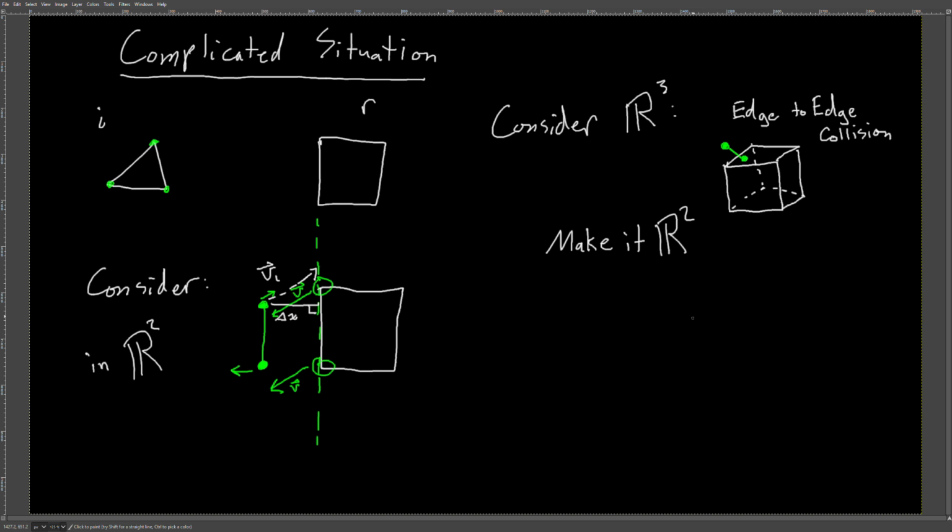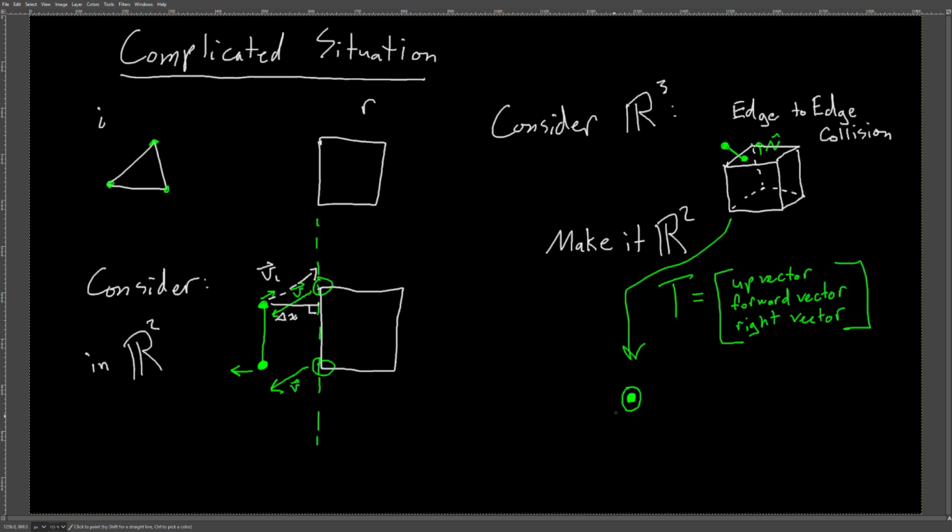edge-to-edge intersections. However, we can do something similar to the 2D problem if we just build a transform where our forward vector is along the edge segment of the incident object.